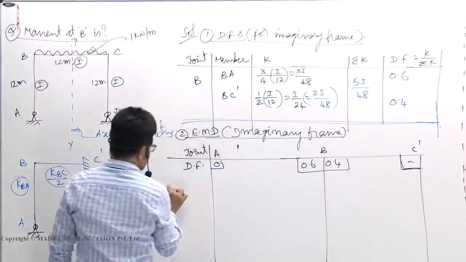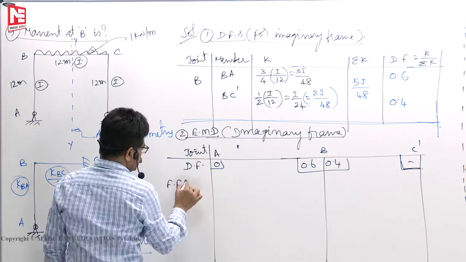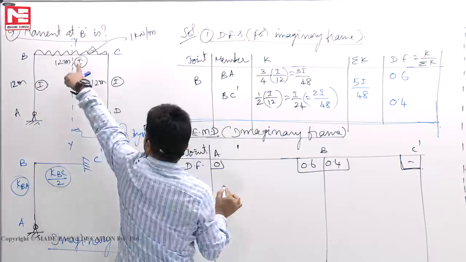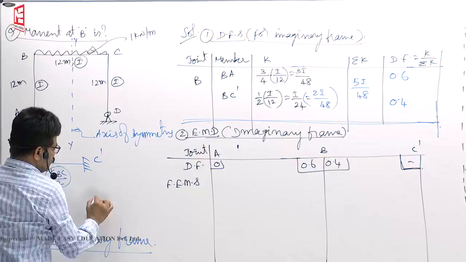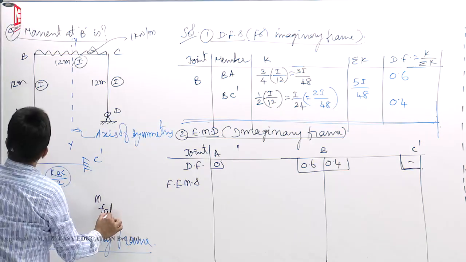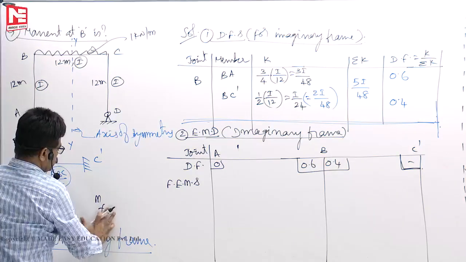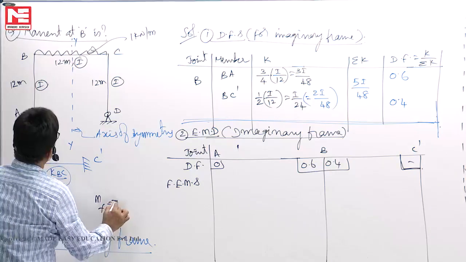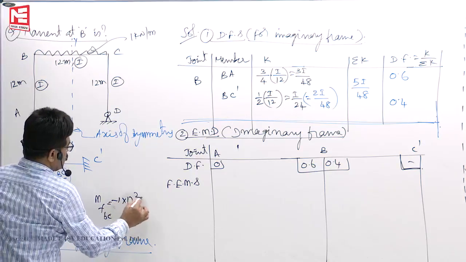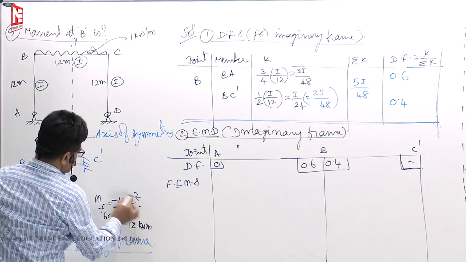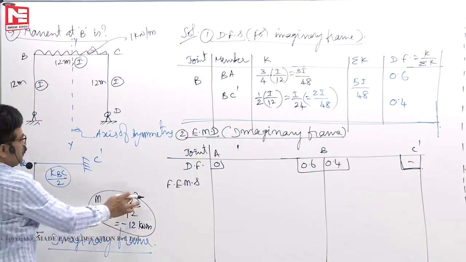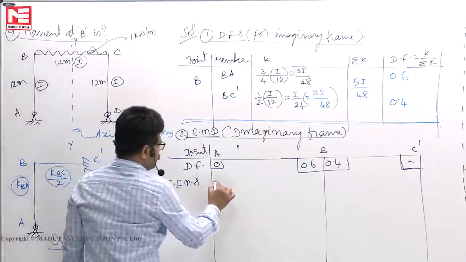Then fixed end moments. See here, if you are confused how that comes, MFAB, you can write if you want. MFBC is minus WL square by 12. So, minus 12. If you want to know how that minus 12 came, this is the reason.